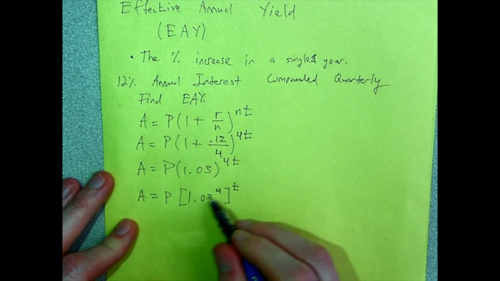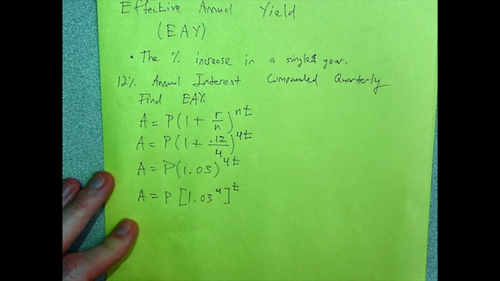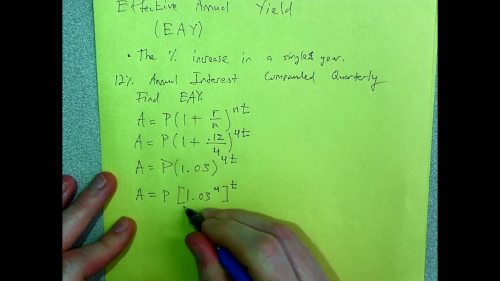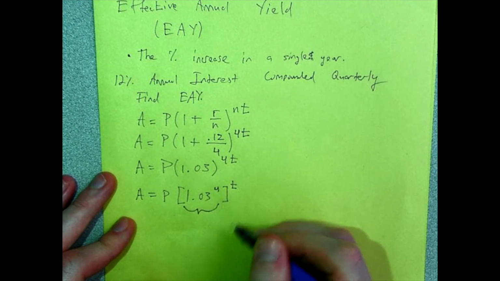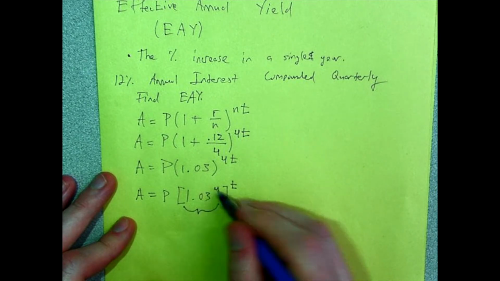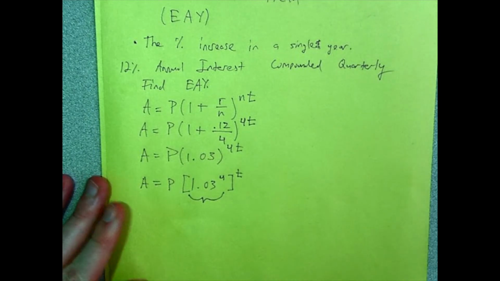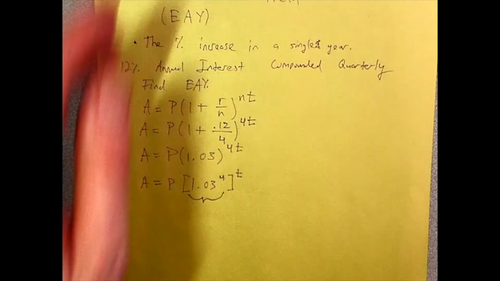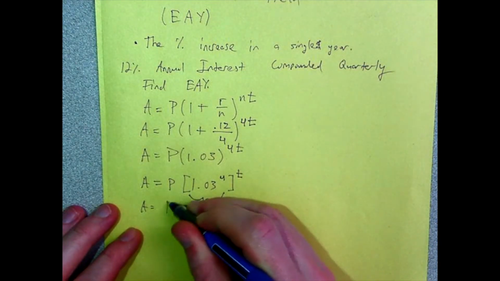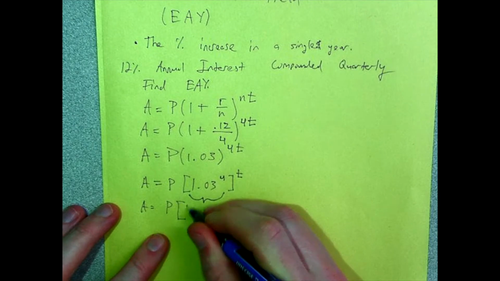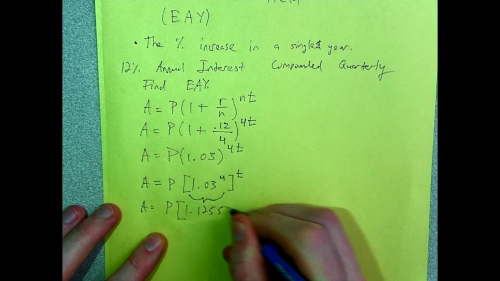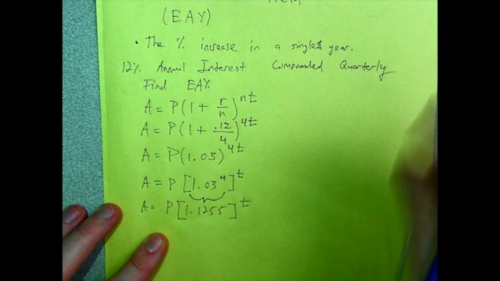Now, because the t is by itself, this version of the expression is telling you what you're doing every individual single year. So every year, what you multiply by is this number right here, 1.03 to the 4th. So I'm going to use my calculator to see what that is. 1.03 raised to the 4th. I get something like 1.1255, okay, to the t.